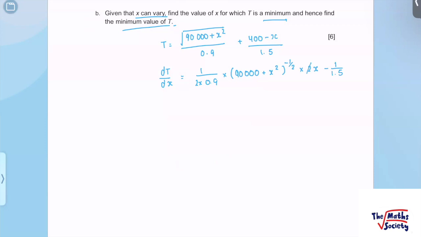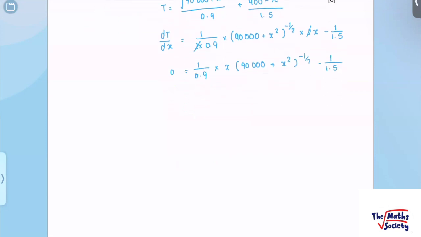So that's 2. The 2s are going to cancel each other out. So you're going to have 0 equals 1 by 0.9 multiplied by x, multiplied by 90,000 plus x squared to the power minus half, minus 1 by 1.5. So 1 by 1.5, that's going to equal x by 0.9 multiplied by 90,000 plus x squared to the power minus half.